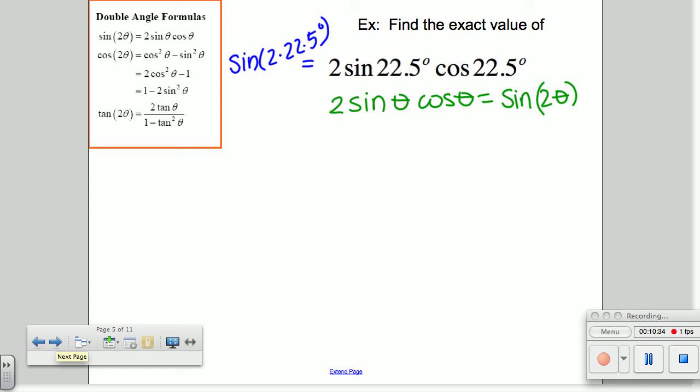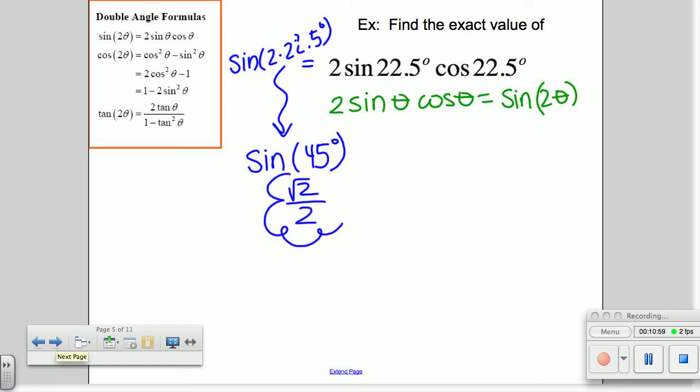Now the nice thing about that is 2 times 22.5 degrees is 45 degrees. If I just continue on, 2 times 22.5 is 45 degrees, and I know the sine of 45 degrees, that equals root 2 over 2. So working the formula backwards, I was able to get my answer.